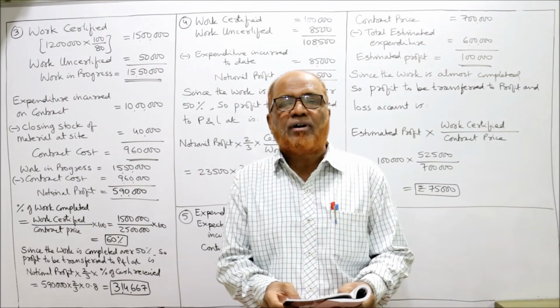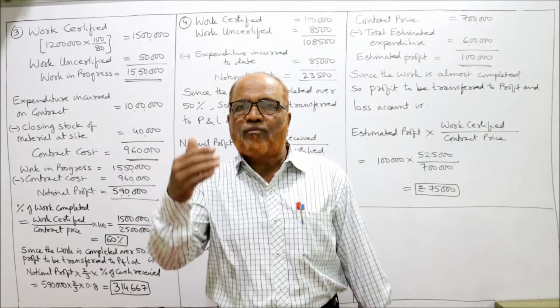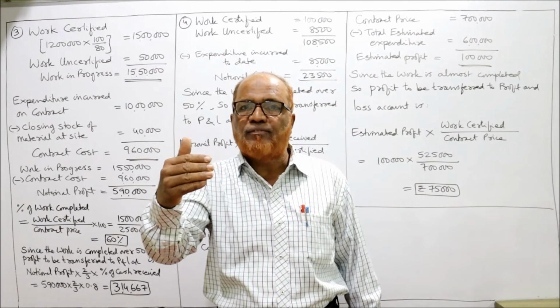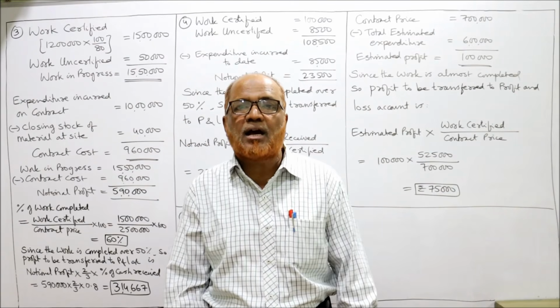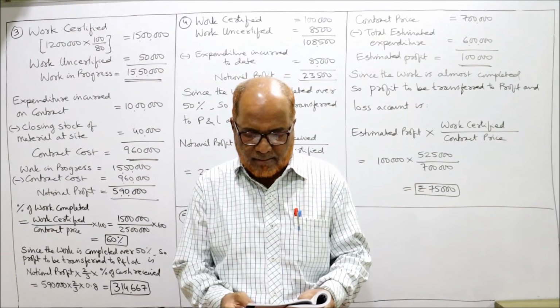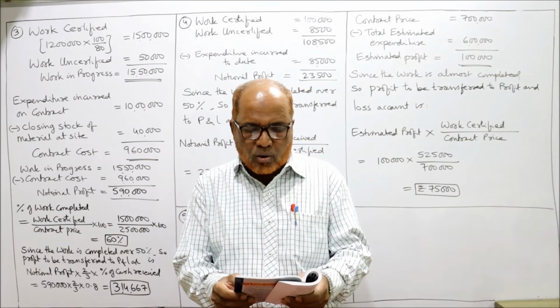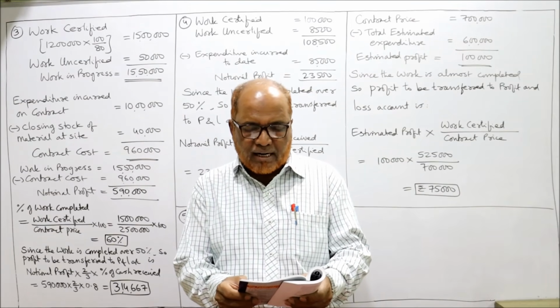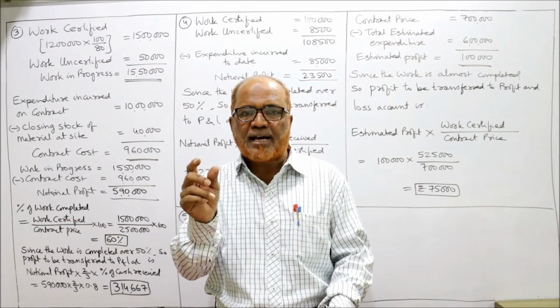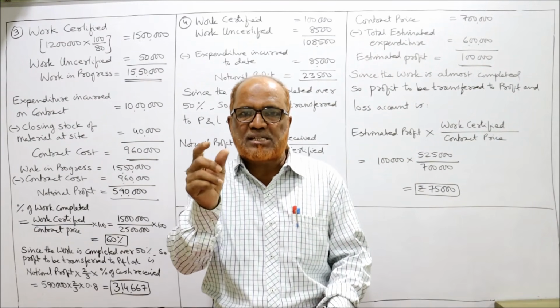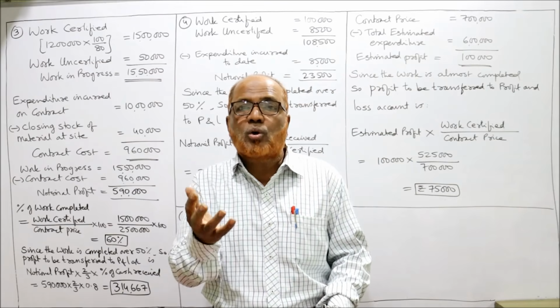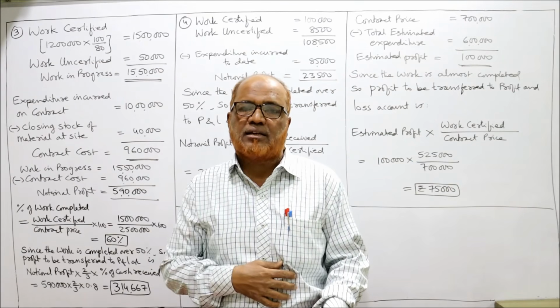Then uncertified work is 50,000. So work uncertified and work certified, adding both gives work in progress. Actual expenditure incurred on the contract is 10 lakh including closing stock of material at contract site. Here 10 lakh rupees is the expenditure incurred on the contract, but this 10 lakh includes the closing stock of material at site.